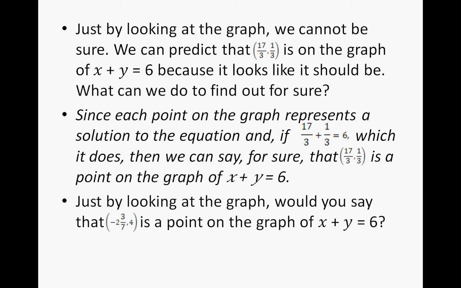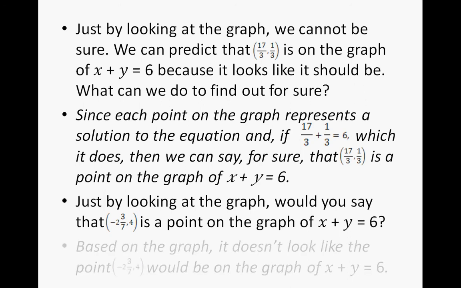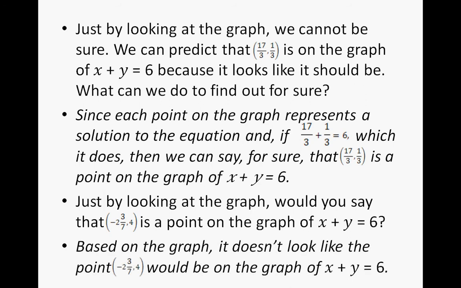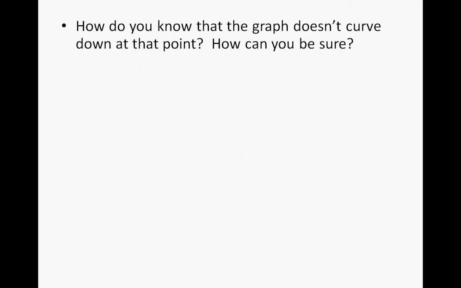So just by looking at the graph, would you say that (-2 3/7, 4) is a point on the graph of x plus y equals 6? Well, based on the graph, it doesn't look like that point would be on the graph of x plus y equals 6. So how do you know that the graph doesn't curve down at that point?